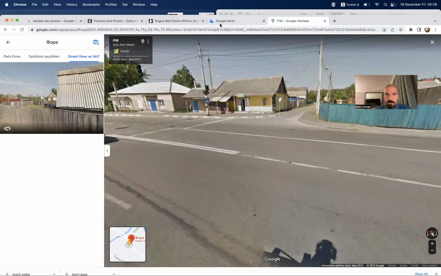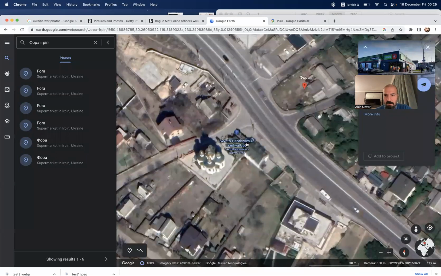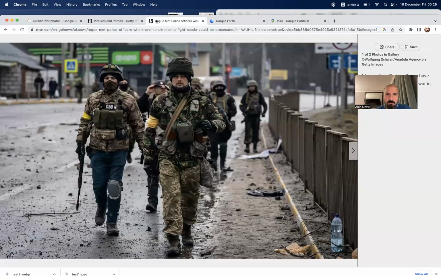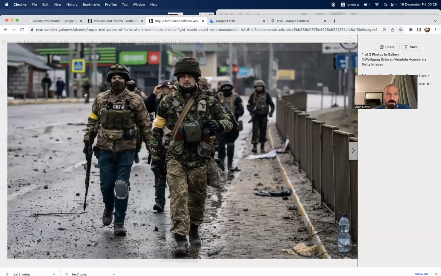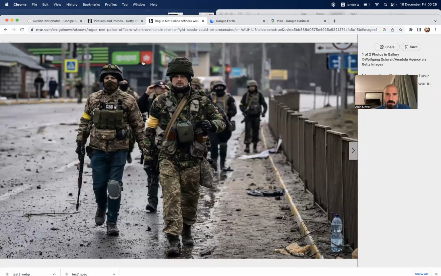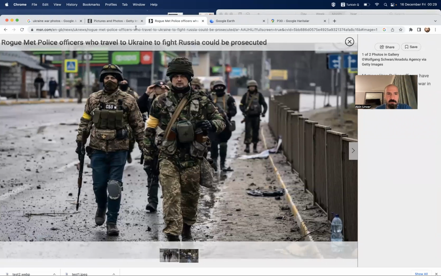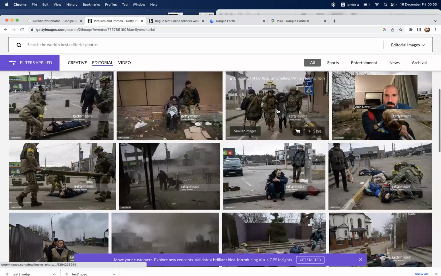So this means that the statue is here, Fora should be right next to it, right across. So if Fora is here, then my guess is the church is towards the right side of this image.